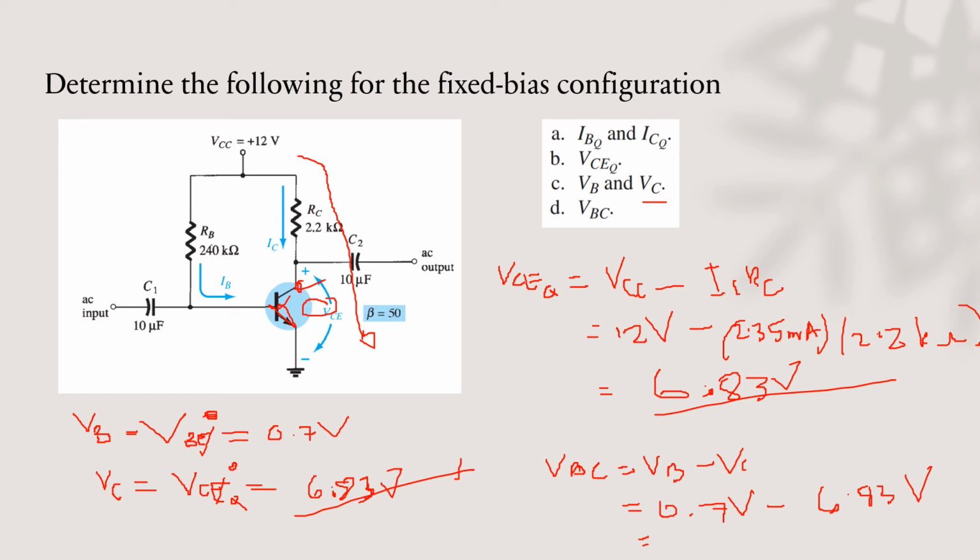We will get a negative answer here: negative 6.13 volts. The negative sign is an indicator revealing that the junction is reverse biased, as it should be for linear amplification.